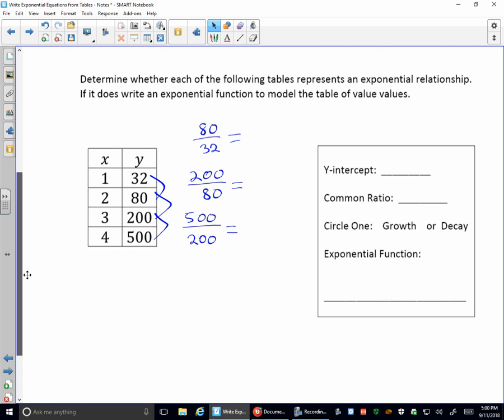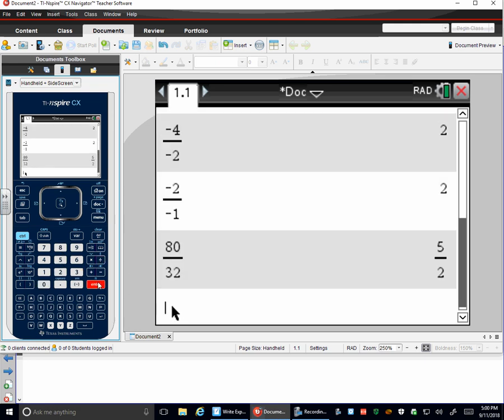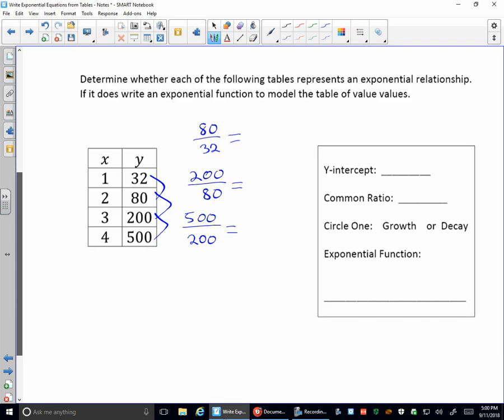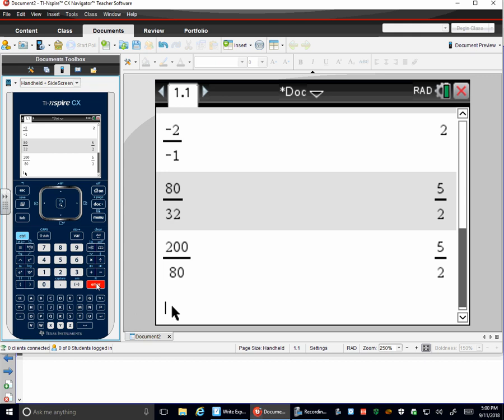But here we go. So I can divide 80 by 32, and let's see what we get. Okay, we get 5 halves. Okay, 200 divided by 80. We get 5 halves again.